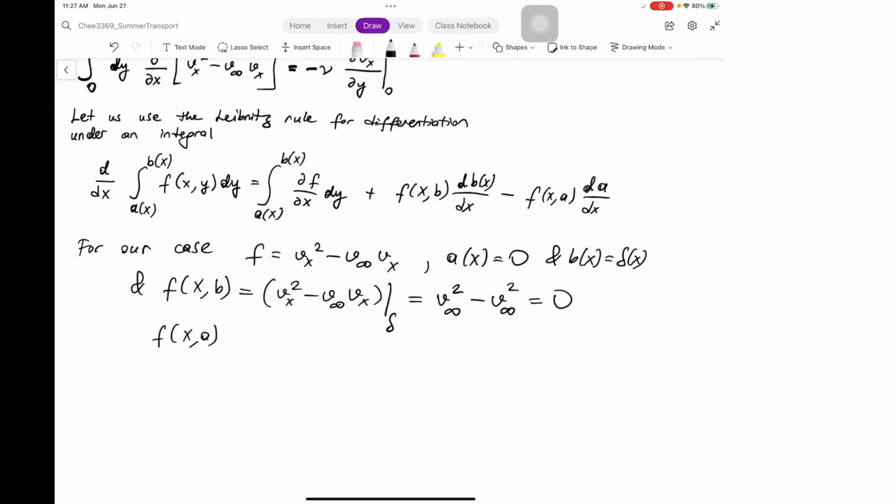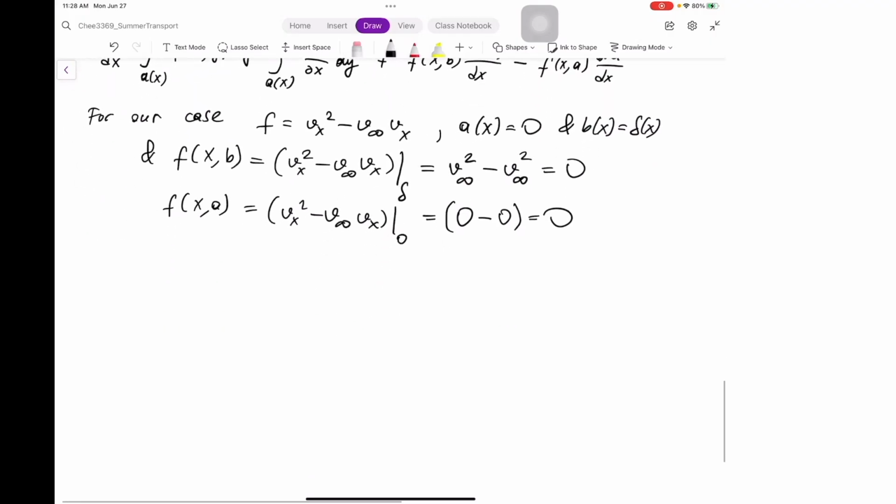On the other hand, f of x comma a in our case is Vx squared minus V infinity Vx estimated at a is 0, so estimated at y is equal to 0. If you estimate Vx at y is equal to 0, it's 0 from the no-slip boundary condition. So 0 minus 0, you get 0 from the no-slip boundary condition.